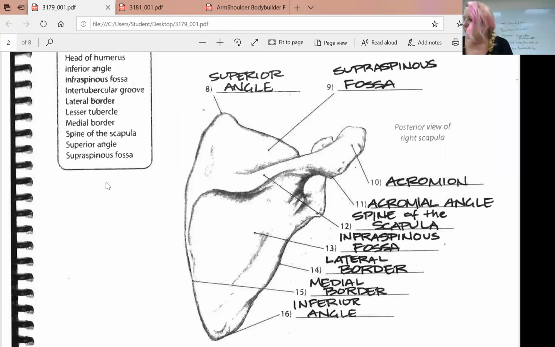You can always write that down if you like to, root of the spine. And then we learned supra above, infra below, so below the spine, infraspinous fossa, number 13. And then we have our lateral border, our medial border, and our inferior angle.